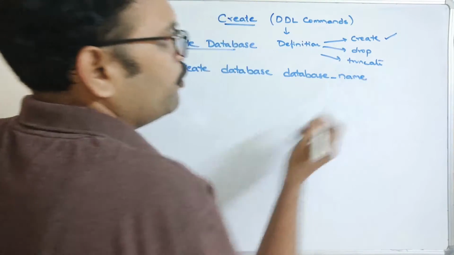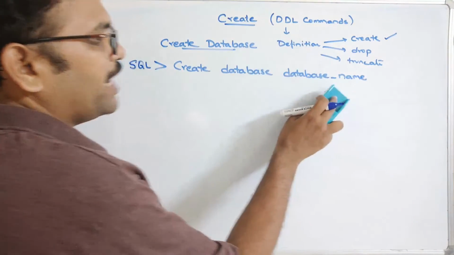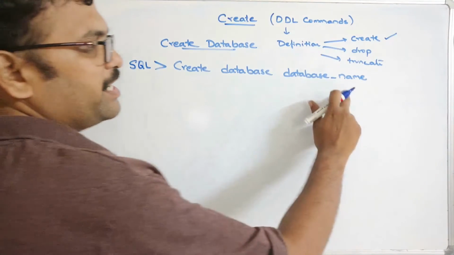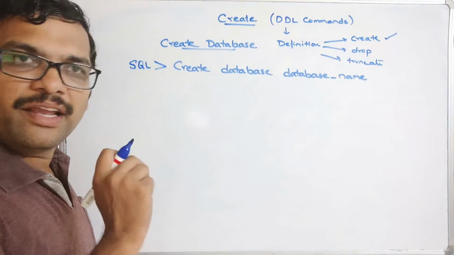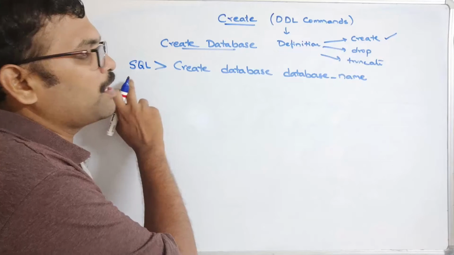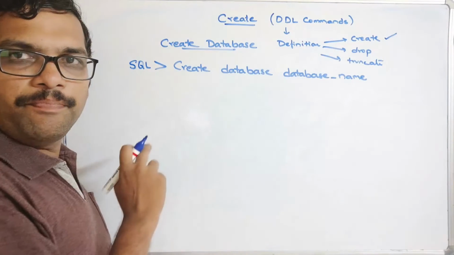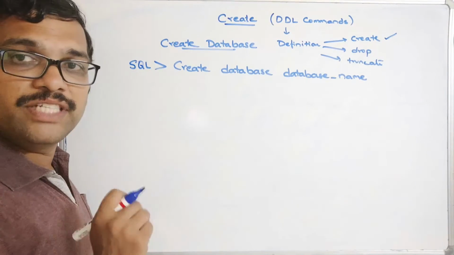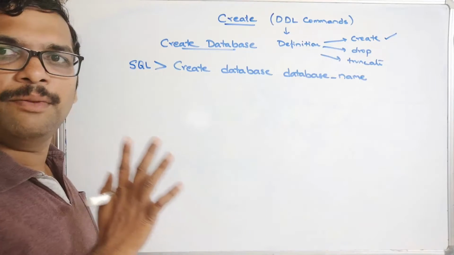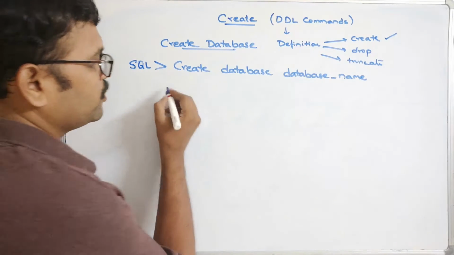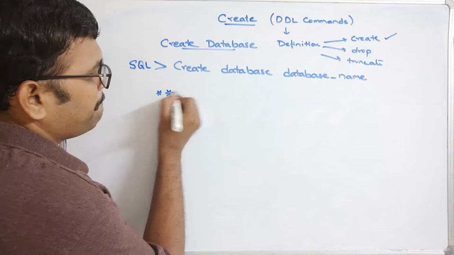Whatever name you give will be placed here, and one database will be created in MySQL with the given name. And one thing, just remember, every query will be terminated with a semicolon. That's the most important thing.